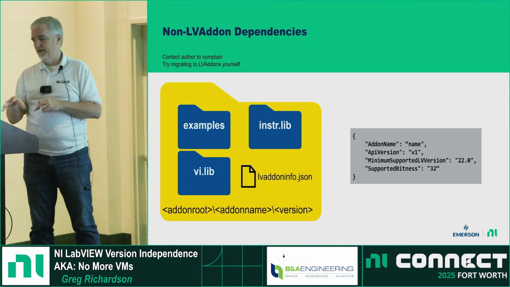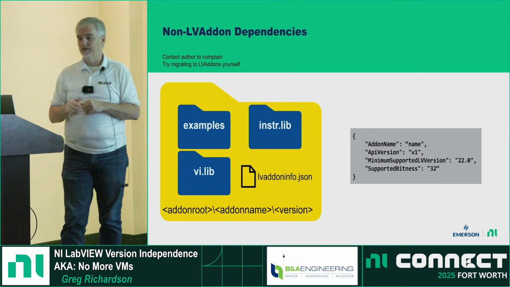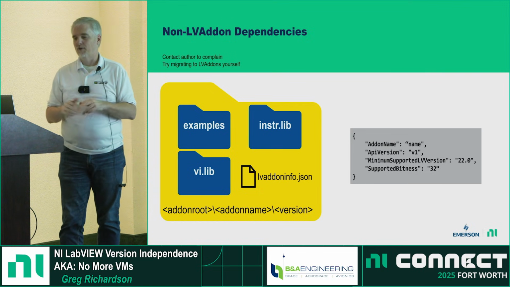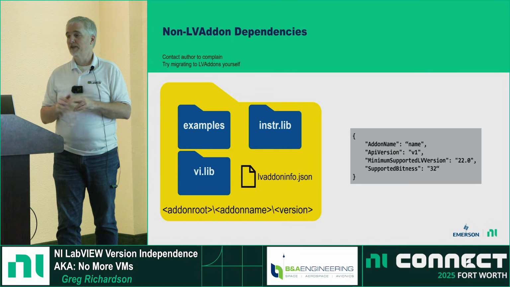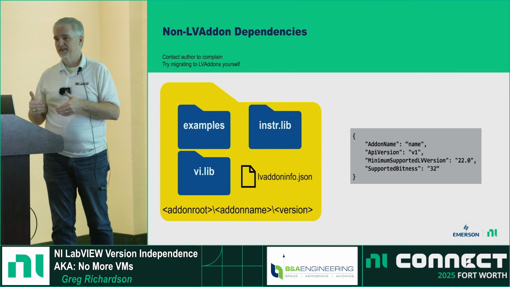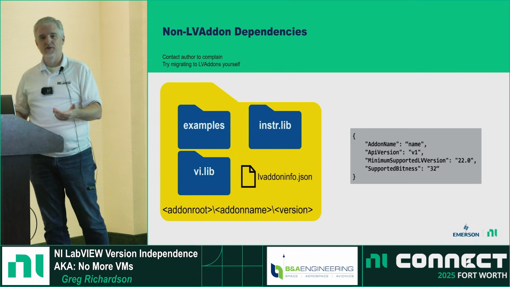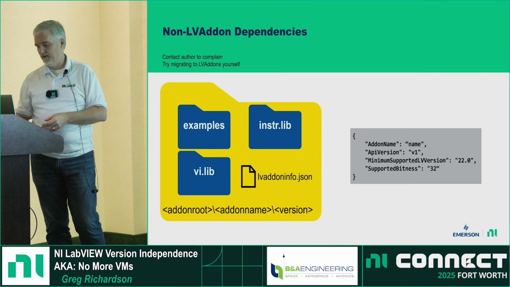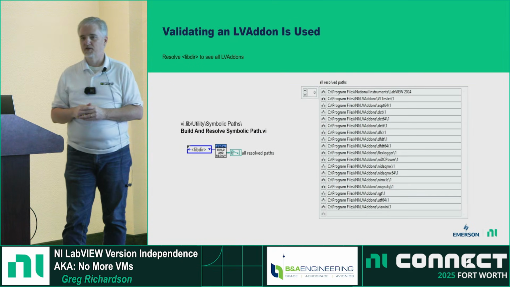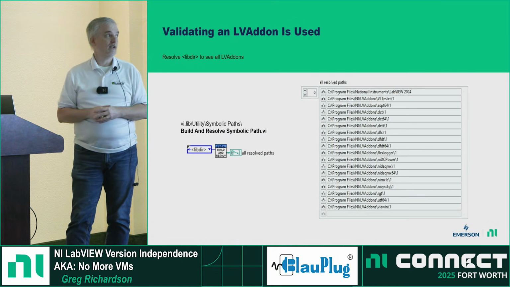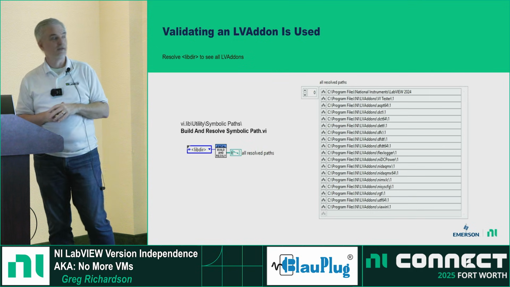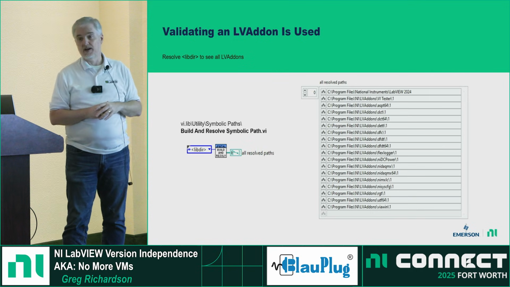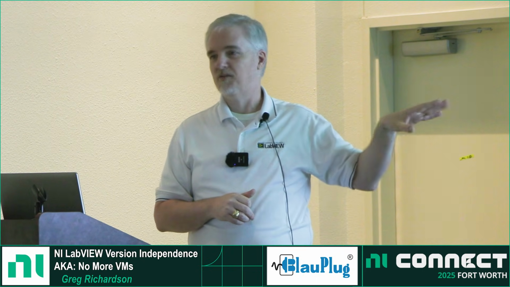So when you're doing all of this, and particularly if you're wrapping older add-ons yourself into LV add-ons, it can be really helpful to validate that you're using the add-ons you think you're using. And there's a really simple approach to validating that. This VI, there's the path in vi.lib, has shipped for several versions, but is not in the palettes. You still want it, find it.